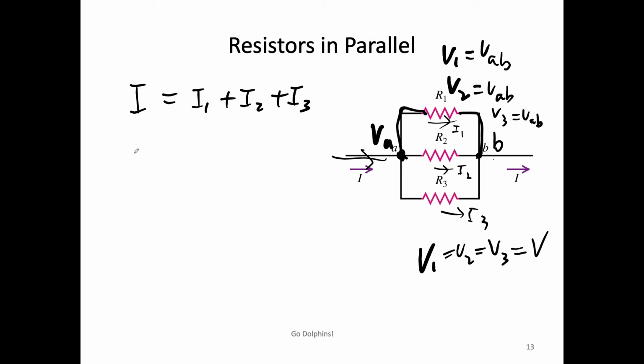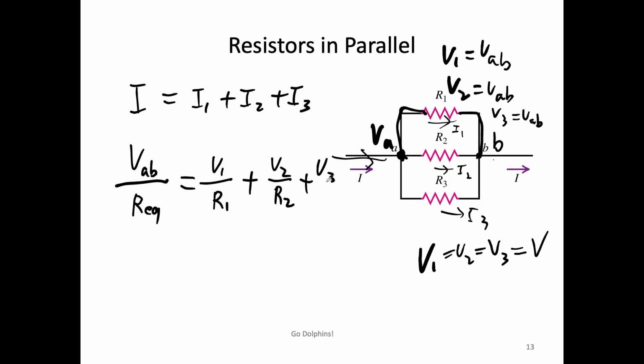And I equals VAB over R equivalent, and I1 is V1 over R1 from Ohm's law. I2 is V2 over R2, Ohm's law. I3 is V3 over R3.